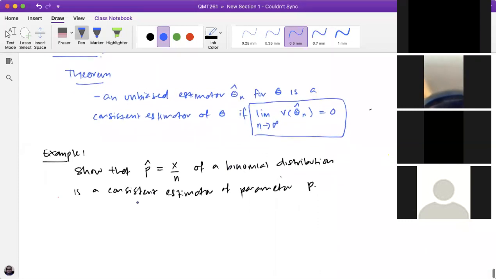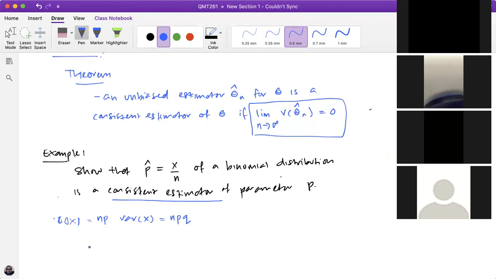Show that p hat equal to x divided by n, where x has a binomial distribution, is a consistent estimator of parameter p. First step, we need to find the variance of p hat. From the binomial distribution, we know that the expected value of x is equal to np, and the variance of x is equal to npq.